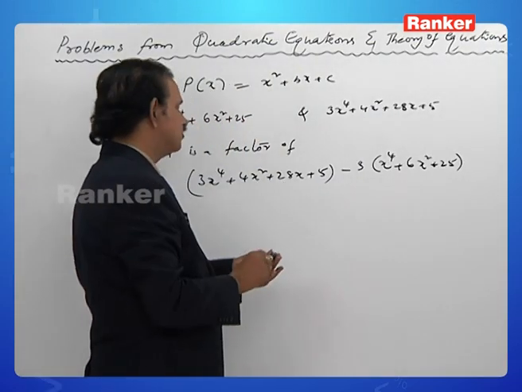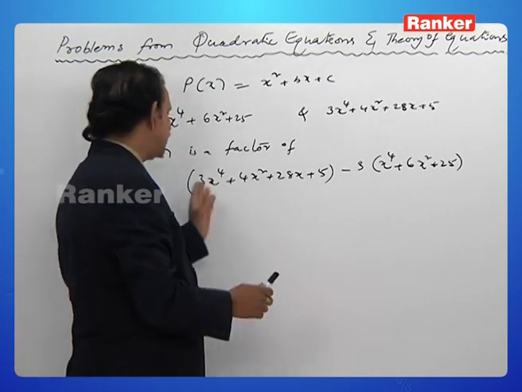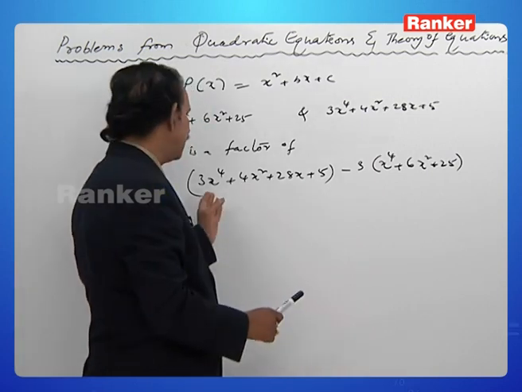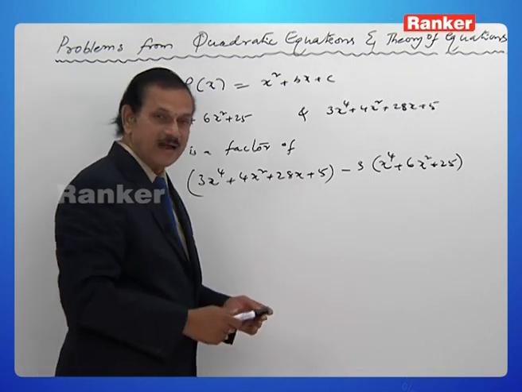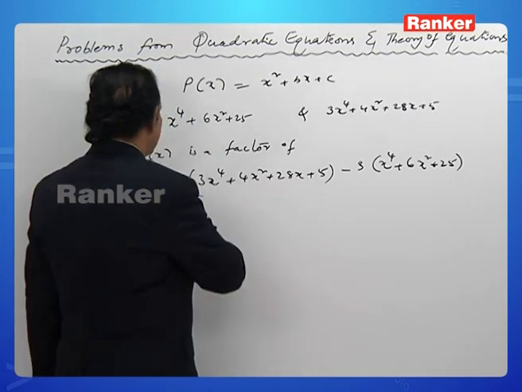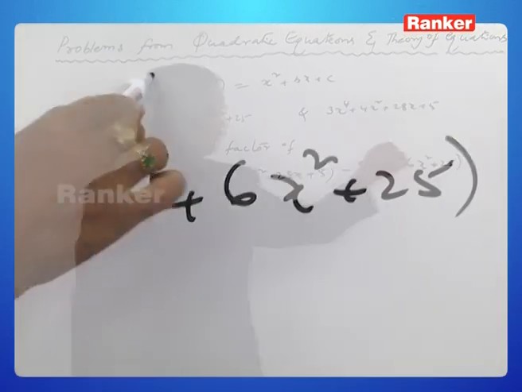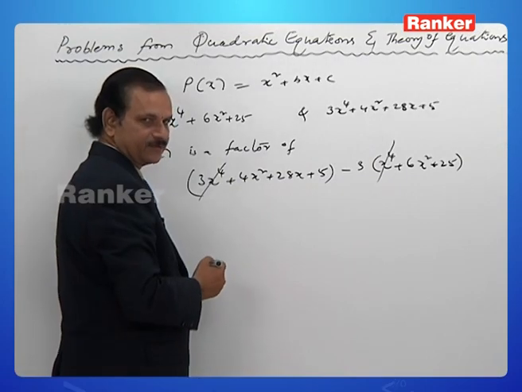You please observe the thing which I could have done here. I would like to cancel this x power 4. Simply with that idea only I have constructed this expression. Thereby you are going to get a quadratic, and you see what is going to happen. Good. P of x is surely a divisor. There is a factor of this, and you can cancel 3x power 4. It is a pre-planned activity.